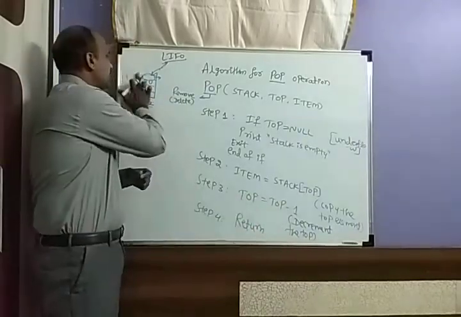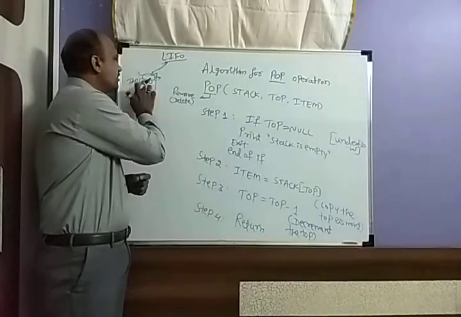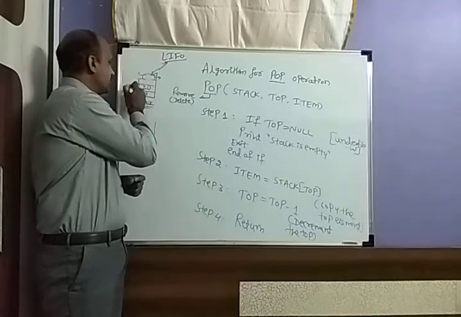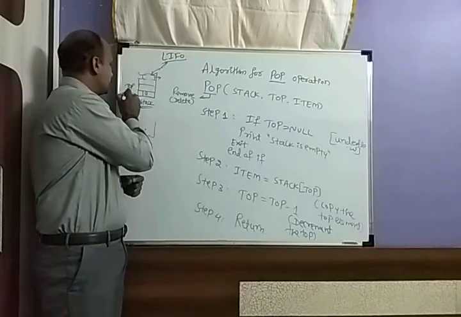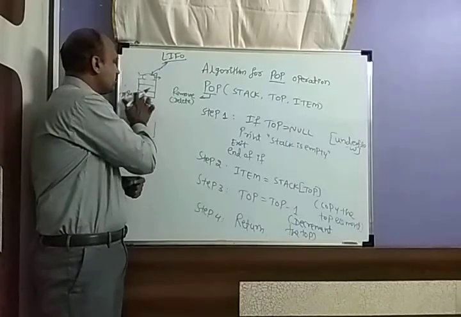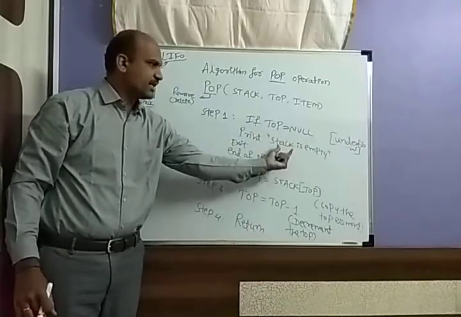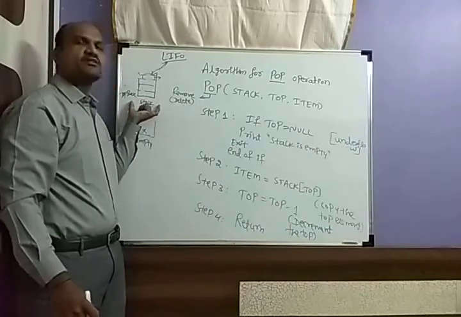So now the top goes here. Then this will be removed, then again the top goes here. When this is removed, the condition becomes stack is empty. We don't have any items present in the stack.